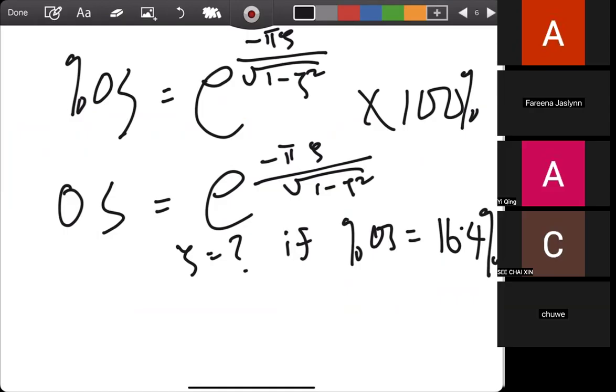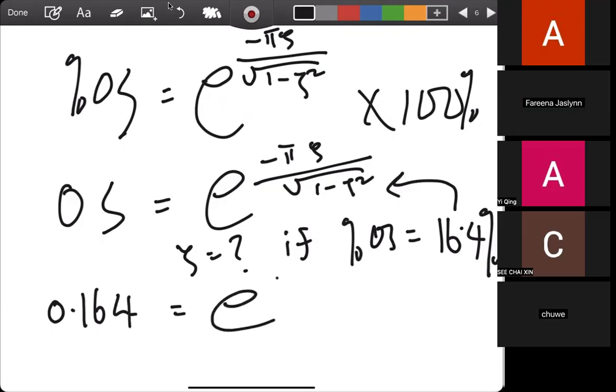Karina Jaslin. How to find zeta if overshoot percentage is 16.4 by using the formula shown? Substitute the 16.4 into the OS and then calculate. Substitute here, so 0.164 exponent like this. This is what you mean?